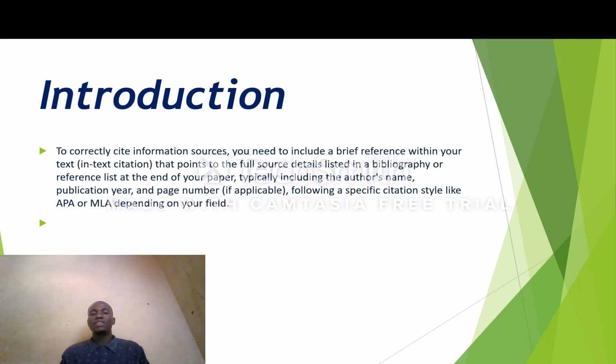So it is allowed depending on the format or style of citation you are using. Are you using APA or MLA? For those who have followed my previous videos, you know what those terms mean.